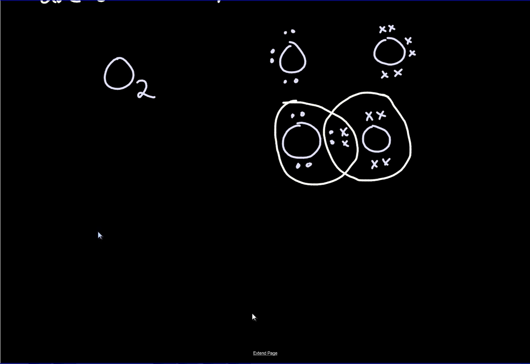And while we're on this topic, let's look at one more thing that comes as a binary molecular element, and that's N2. If you look at nitrogen, nitrogen has 5 electrons around it. So each nitrogen needs 3 electrons to fill its outer shell, right? In the example of oxygen, when we needed 2, each had to share 2. Now what do you think? Each would have to share 3 electrons between them.